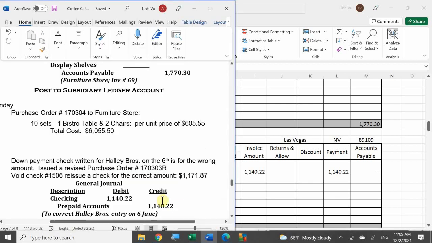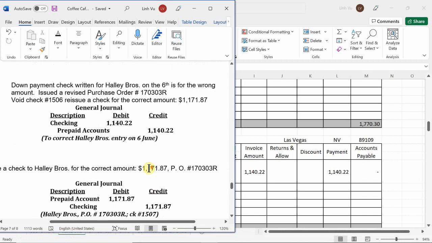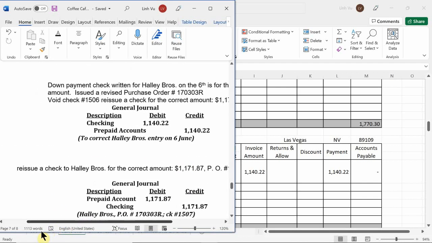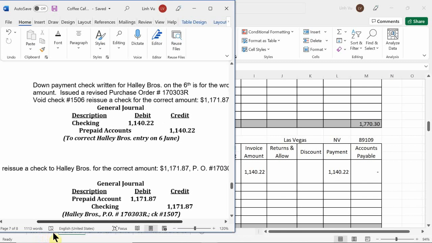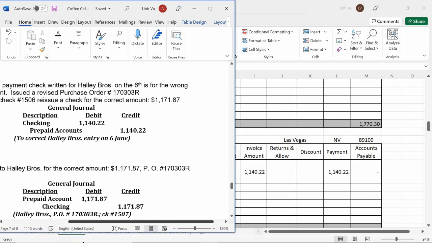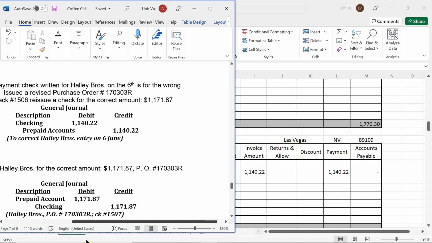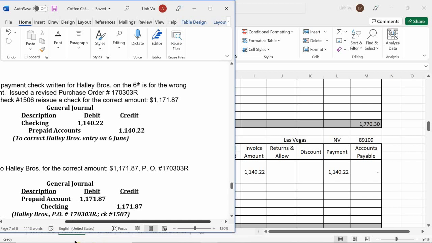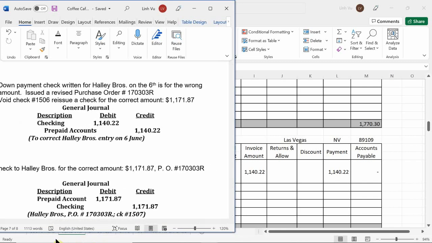So now let's see what's next. It tells you that you need to revise the purchase order and reissue a new check to Haley Bros for the correct amount of $1171.87, PO number 170303R for revised. So I have to revise my purchase order, and then issue a brand new check for the correct amount.